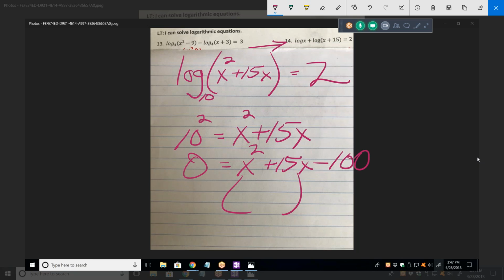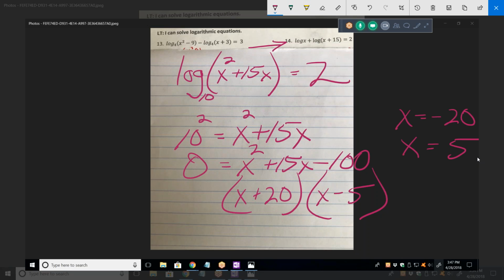Now we need factors of 100 that subtract to 15. Sounds like x plus 20 and x minus 5, which gives us two solutions. X equals minus 20 and x equals 5.